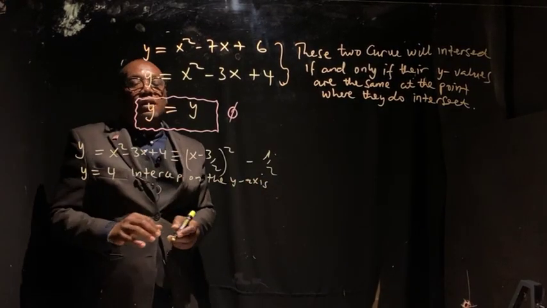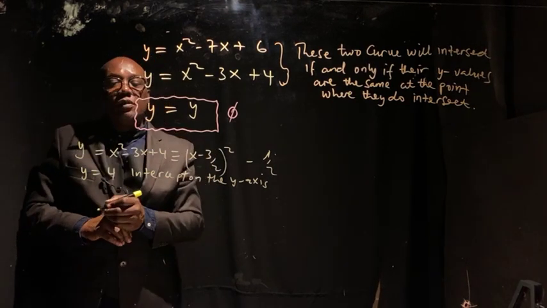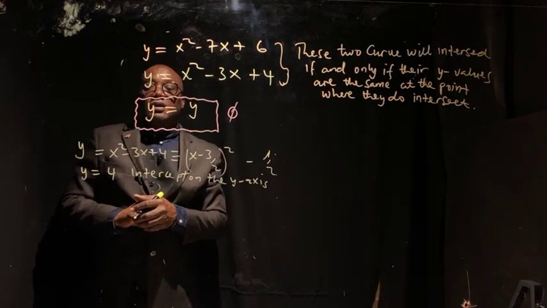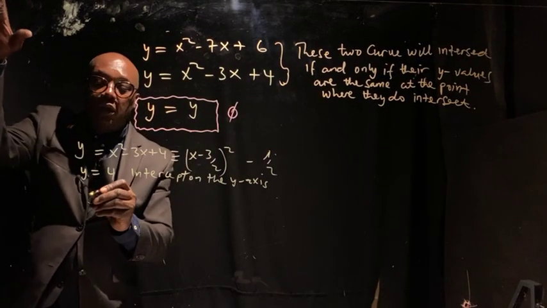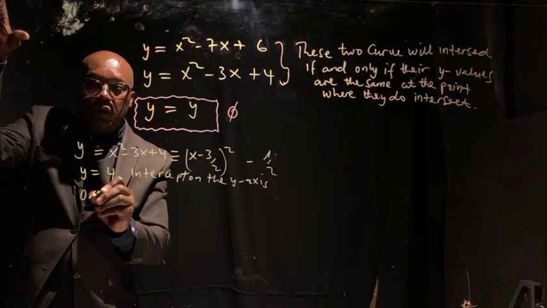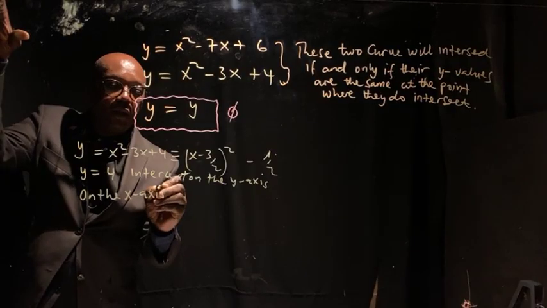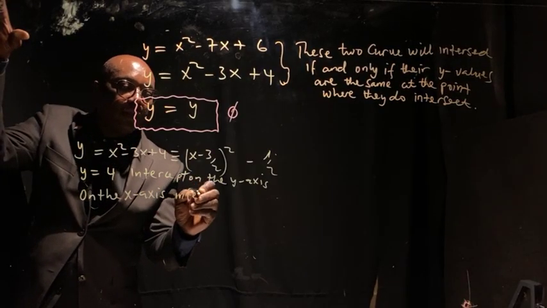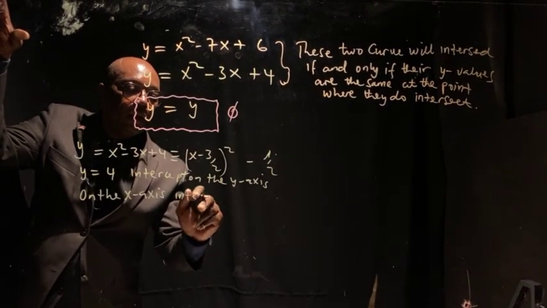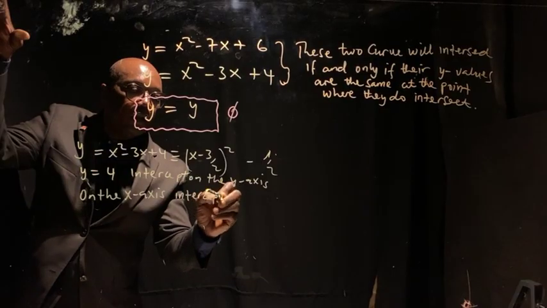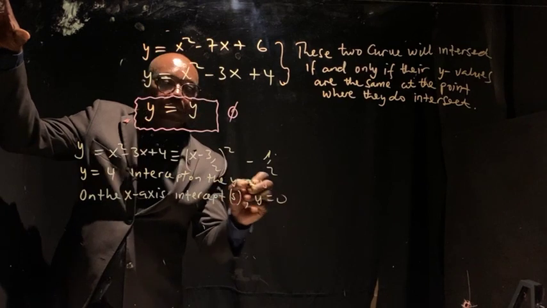Similarly, for the intercept on the x-axis, y will be equal to 0. Therefore, for the x-axis intercept, y equals 0 in this equation.